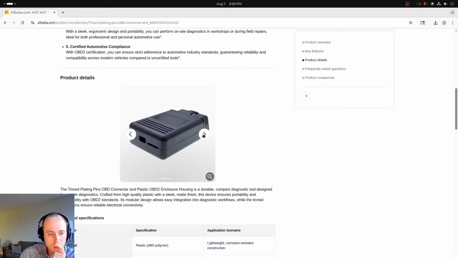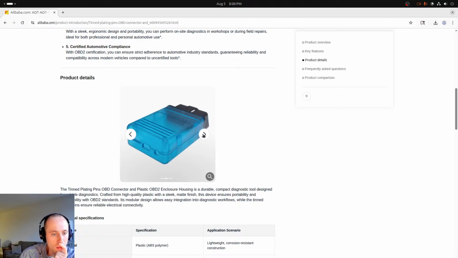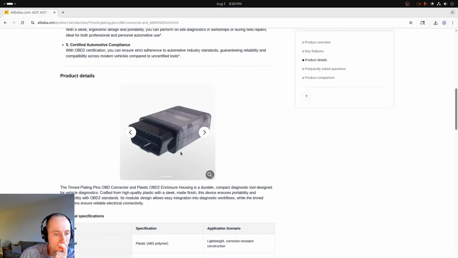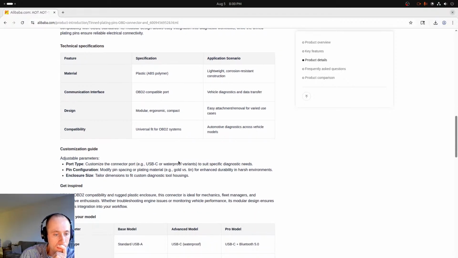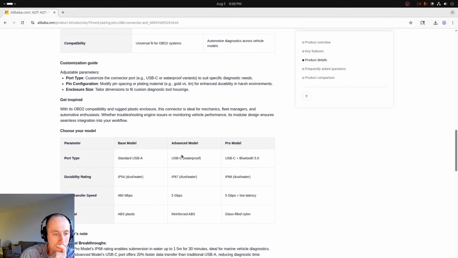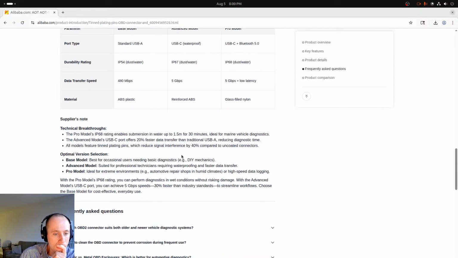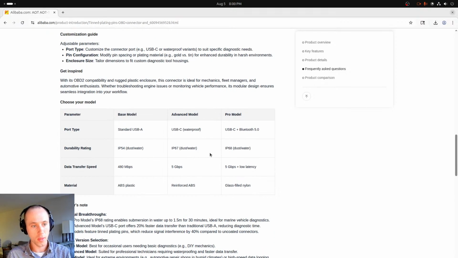These look like it's USB A. Oh, he's saying that we don't need the USB-C.